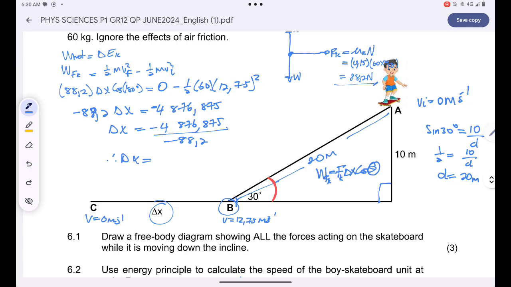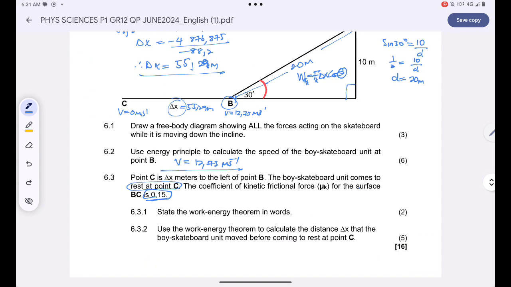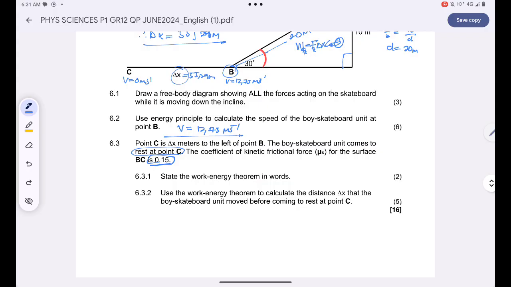So delta x is basically equal to 55.29 meters. So this distance over here is just 55.29 meters. So the boy's skateboard unit will simply travel a distance of 55.29 meters before it comes to a stop.